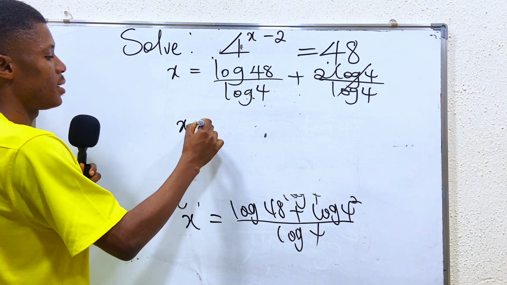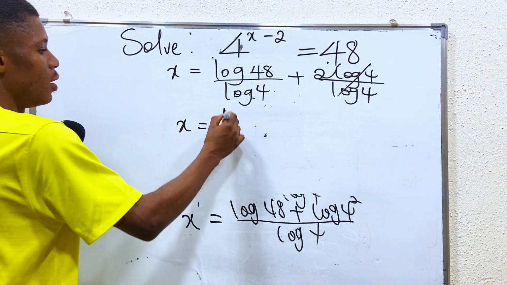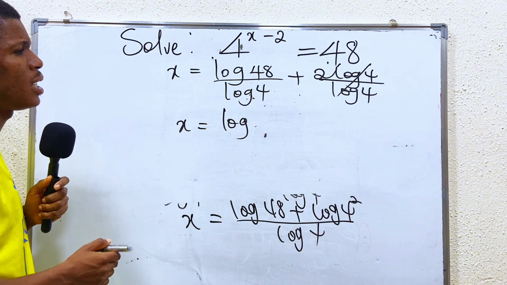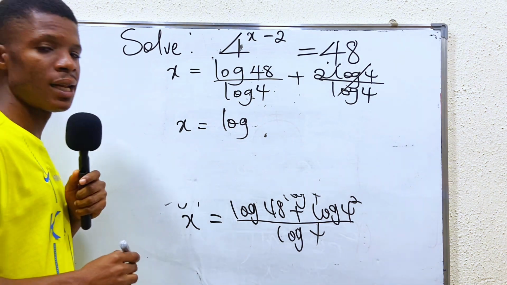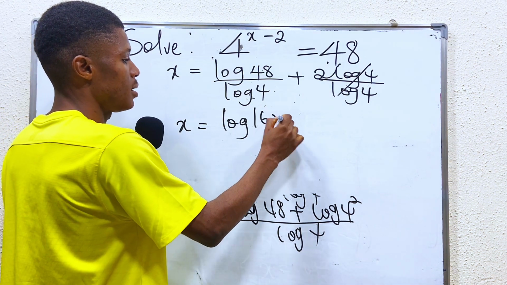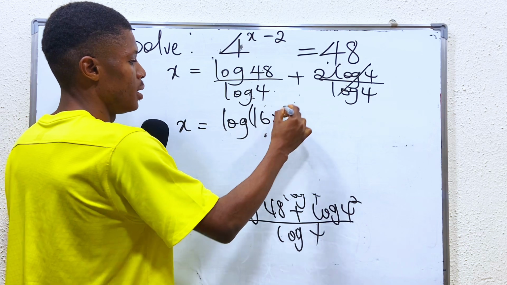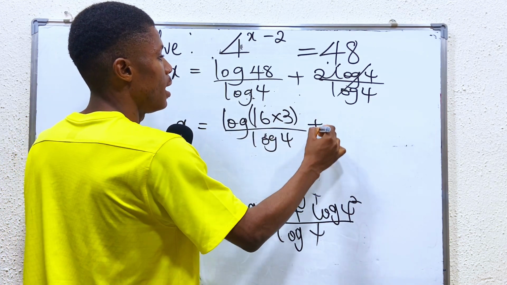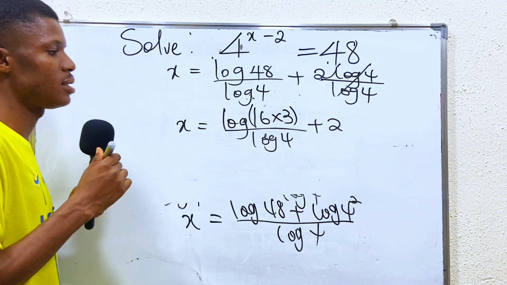We have it that x is equal to, what do we have here? 48 can now be seen as 16 times 3, then divided by log 4, and add 2, which is this 2 that is left.